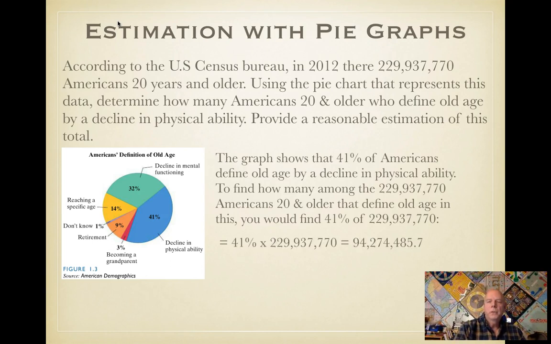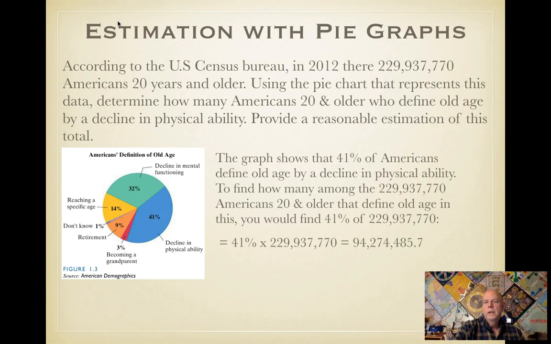So we're going to go 41%, which I didn't show here, but remember to change a percent to a decimal, we move the decimal to the left 2 places. So 41% means 0.41. Percent means per 100, and so 41% is 41 out of 100, or 41 hundredths, which is 0.41.